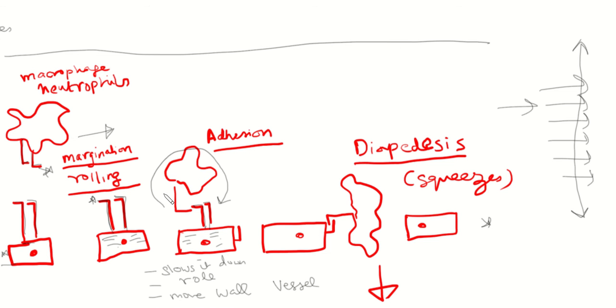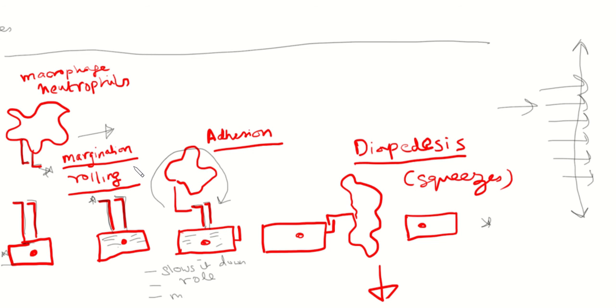Okay, and this happens a few times, and it rolls and it rolls and it rolls, and it comes closer to the vessel. So margination is the process where WBCs actually get closer to the wall, and there's rolling that happens. So there's margination and rolling, two things that happen. Okay.